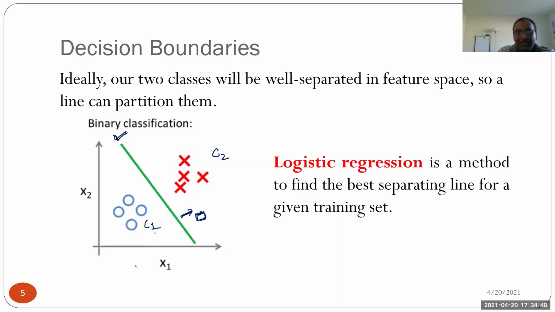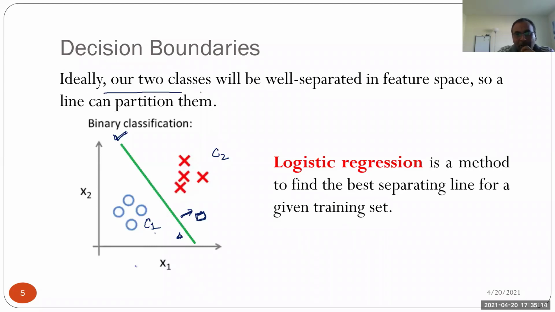So once I learn this decision boundary, I will classify it to C2. In place of that, if I had a test data point here, then this being on the left hand side of the decision boundary, I'll put that into C1, right? So this is what we are looking for in a classifier.